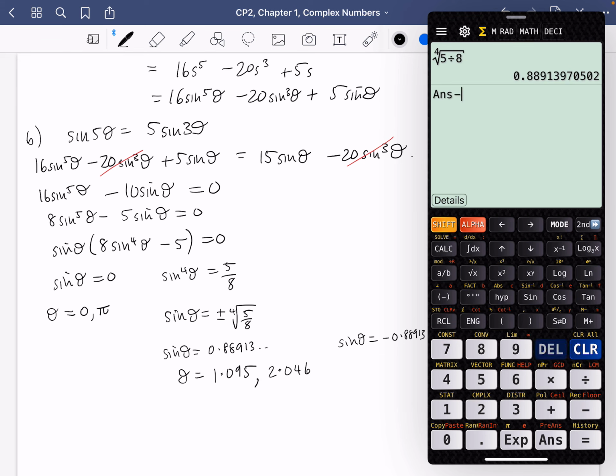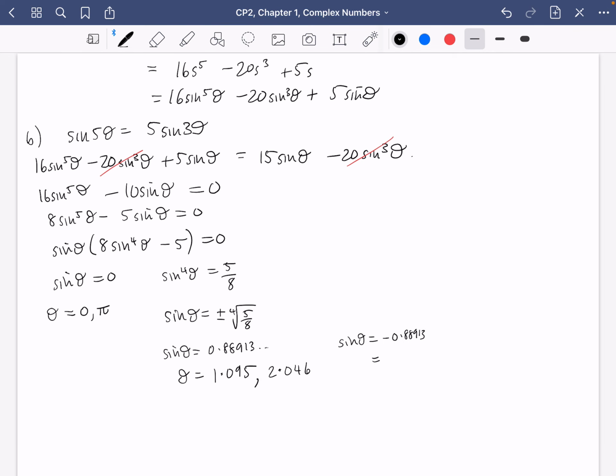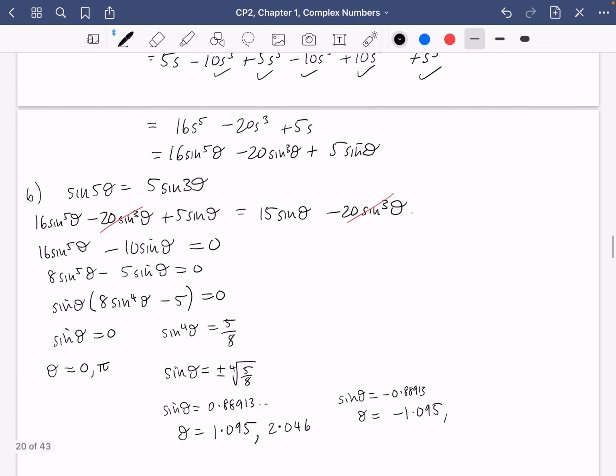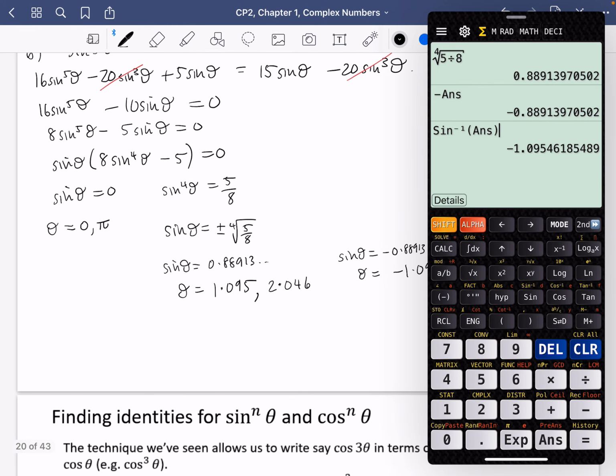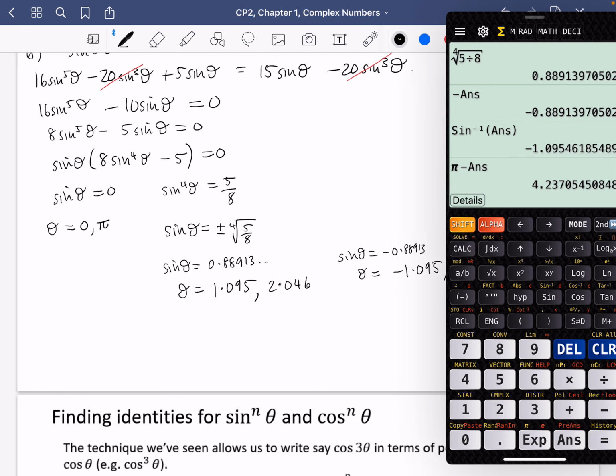I'm going to use the negative version of the answer, and I'm going to do the inverse sine to that, which is negative 1.095. And I'm also going to do pi minus that, which is 4.237.